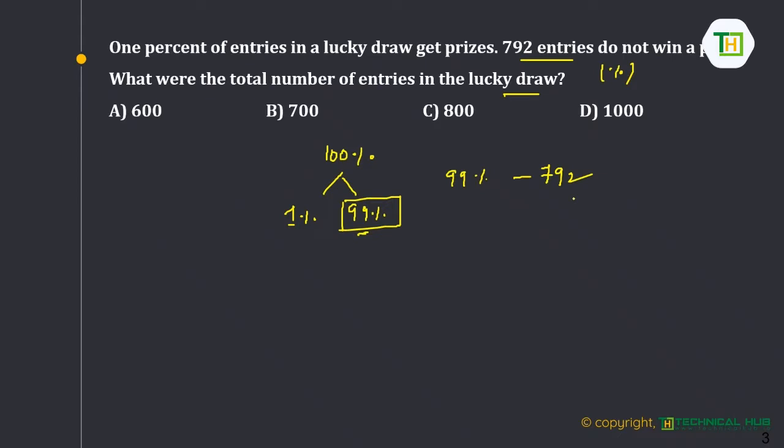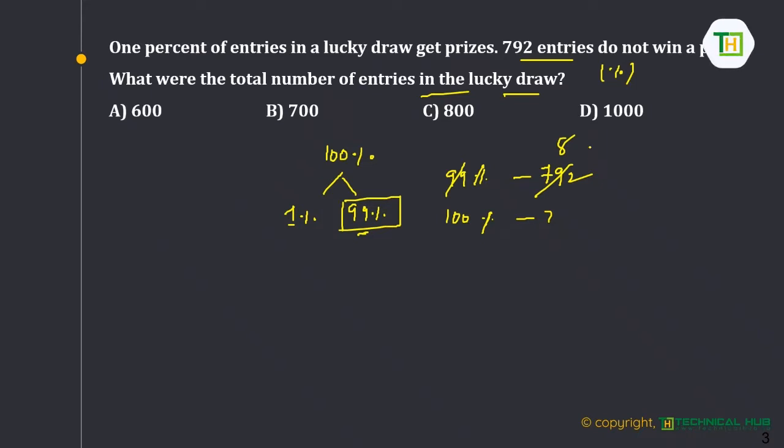They're asking what were the total number of entries in the lucky draw. Taking the total entries as 100%, 100% is equal to question mark. Here the percentage gets cancelled. 99 one time and 99 8 times, because if you multiply 99 into 8, you get 792.